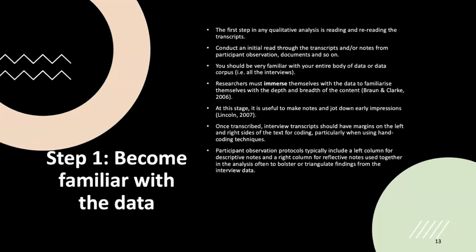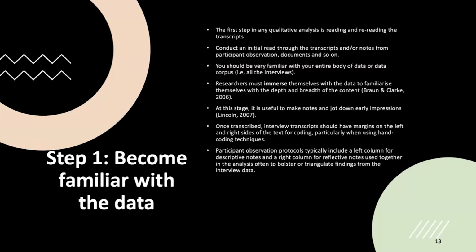At this stage, it is useful to make notes and jot down early impressions. Once transcribed, interview transcripts should have margins on the left and right sides of the text for coding, particularly when using hand coding techniques. For those who are familiar with coding software, this can be done on the window of your laptop.